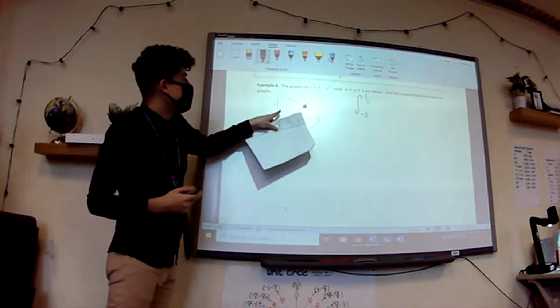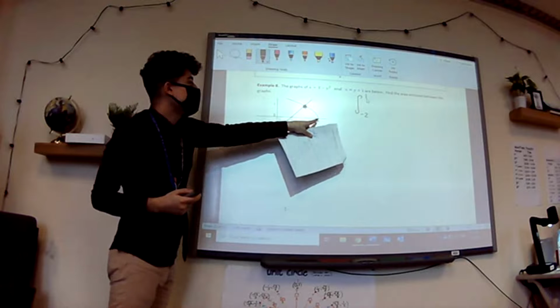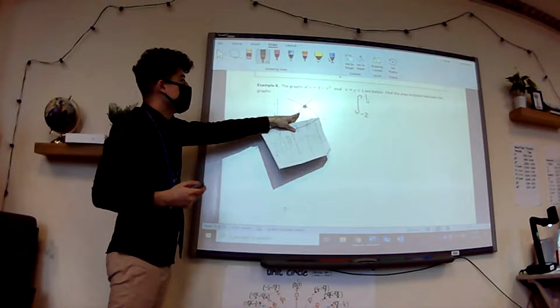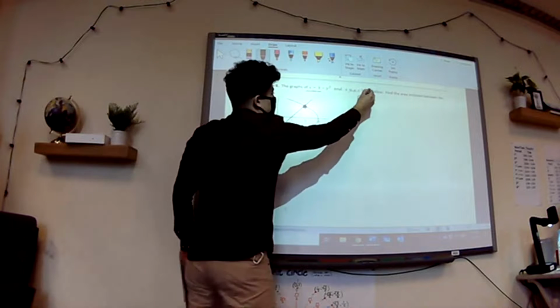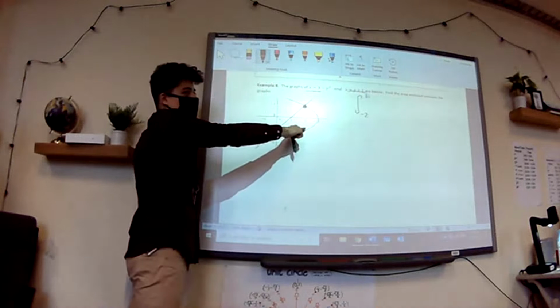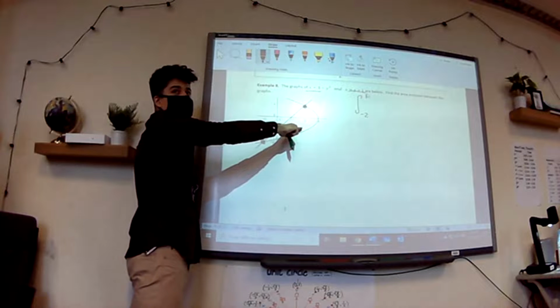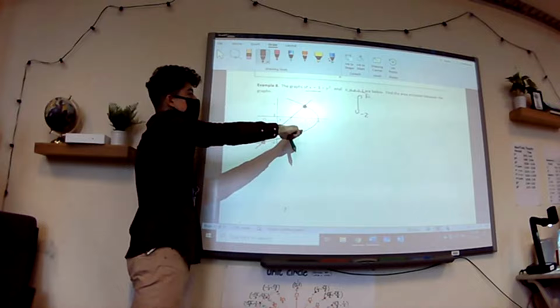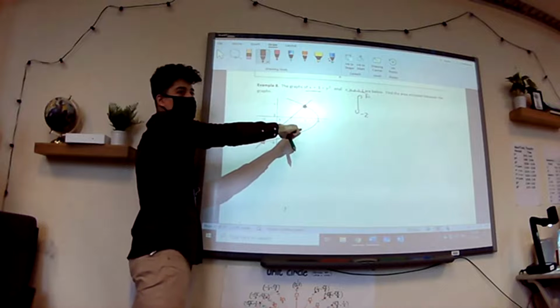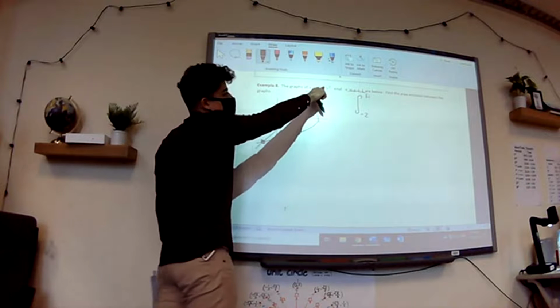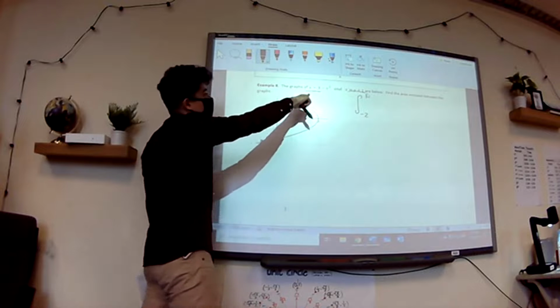And then we're doing the right minus the left. The farther from the axis minus the closer. So which out of these functions, which one is the right function? Just to make sure. Yeah, the parabola. That should be the y² one. Okay, good.